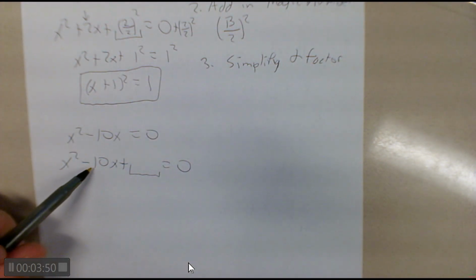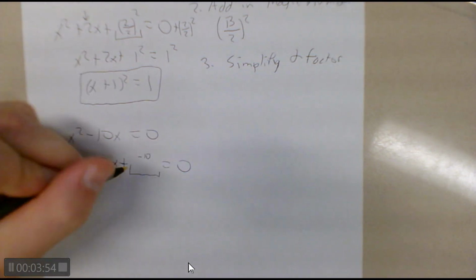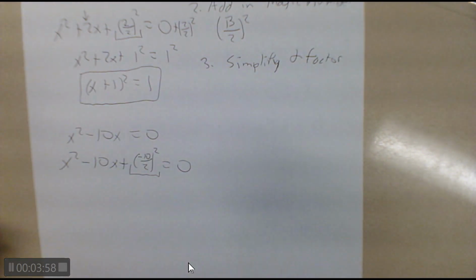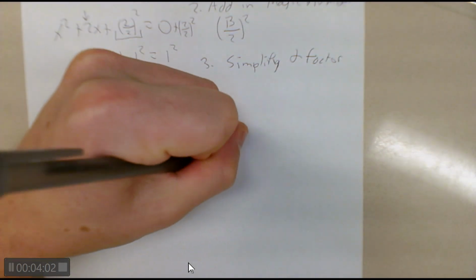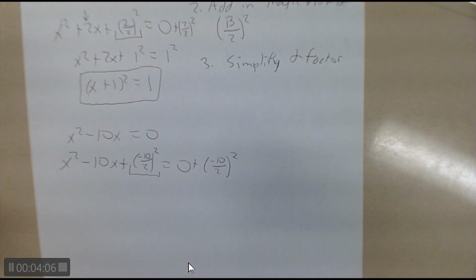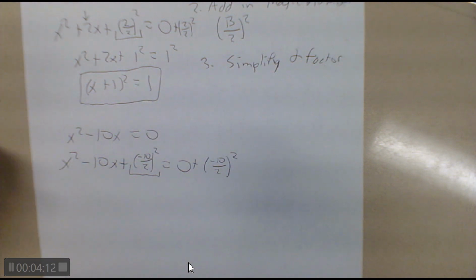Our second step is to add in our magic number. Our b here is negative 10. So the number we're going to add in is negative 10 divided by 2 squared. And we're going to do the same thing on the other side. Add in a negative 10 divided by 2 squared. Okay? Now that we have this, all we have to do is simplify and factor it.